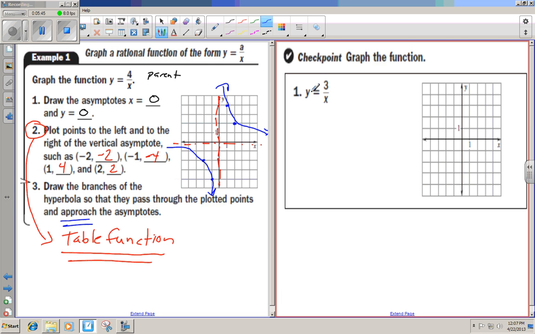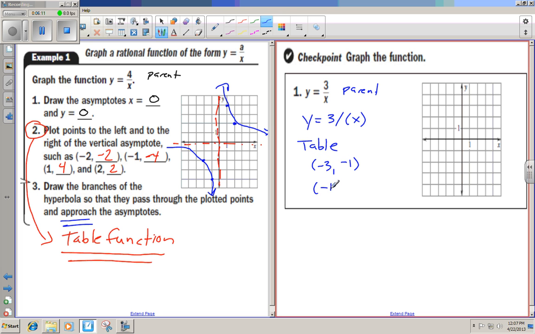So here's one to graph on your own. Notice this is a parent function once again. So you're going to type y equals 3 divided by x; I would get used to putting the x in parentheses. You're going to look at the table, and you're going to find some points from that table. If you look at -3, it maps onto -1.